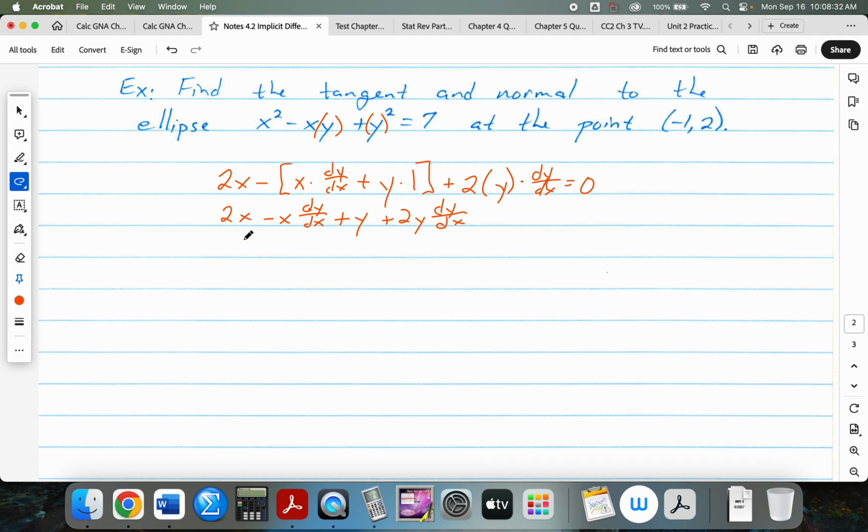Because of the things that are positive, I'm going to leave the things that don't have the dy dx on the left side and move everything that does have a dy dx to the right side. So that'll be 2x plus y is equal to, and I'm going to go ahead and factor out the dy dx, x minus 2y dy dx.